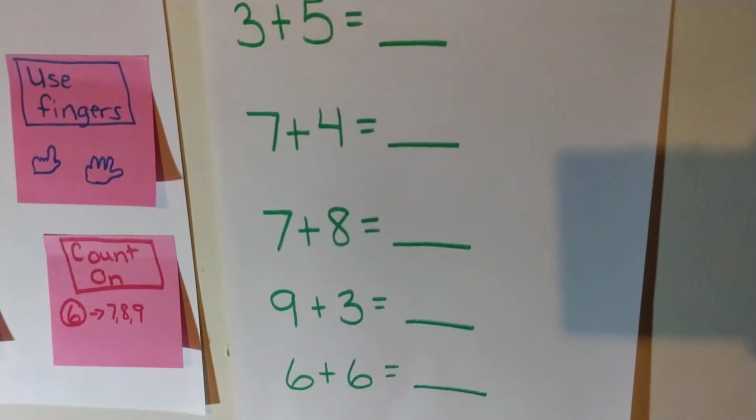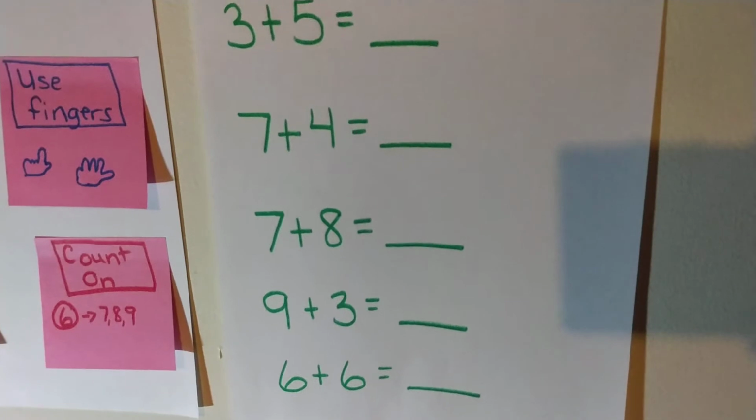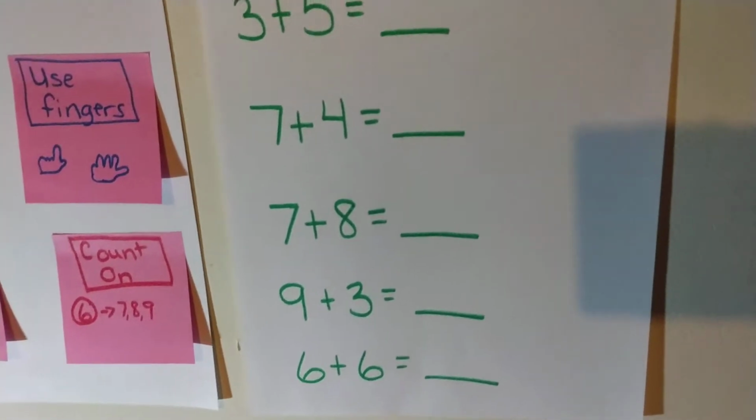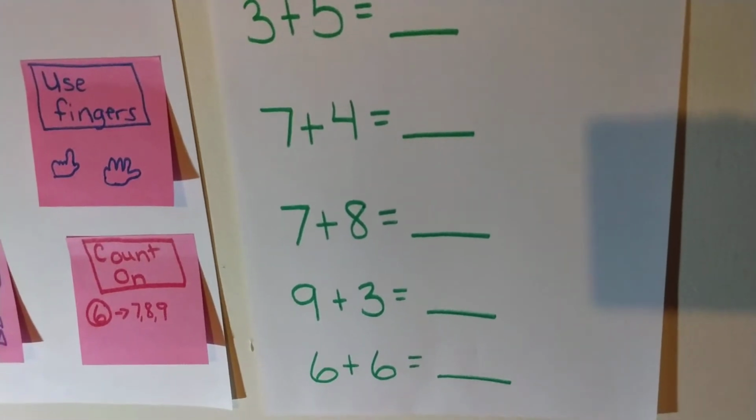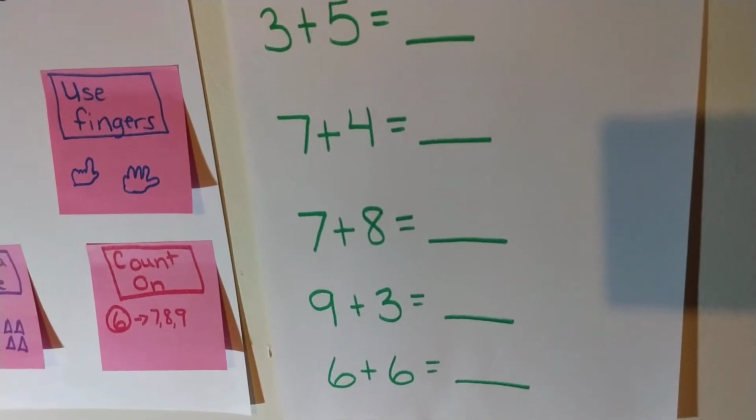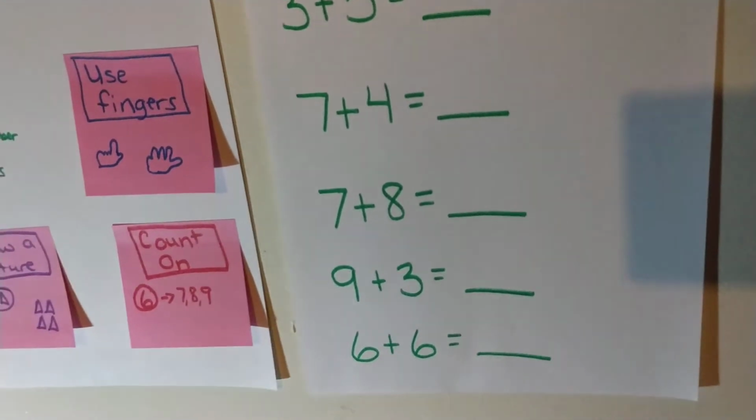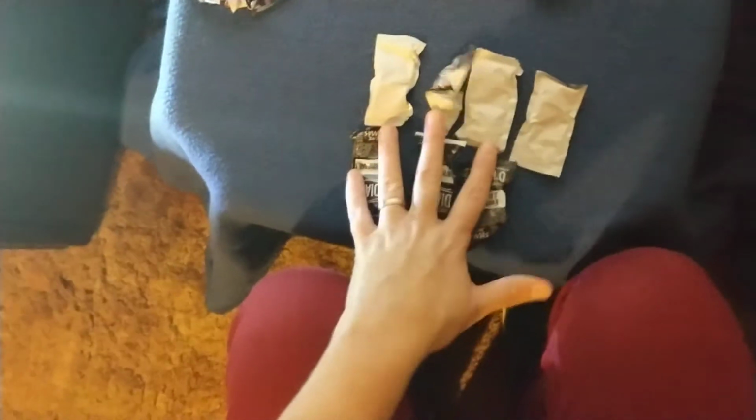7 plus 8. Let's see, I didn't move my stuff, so I already have my 7 ready. So I'm going to just change my 4 to an 8 to make me have 2 groups. So let's see, I have a group of 7. So now I need a group of 8. 1, 2, 3, 4, 5, 6, 7, 8.